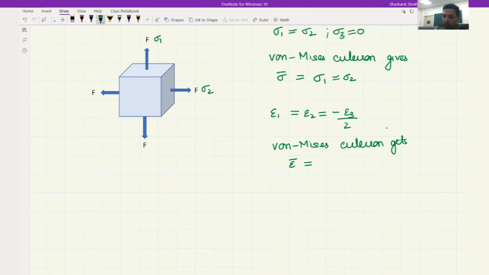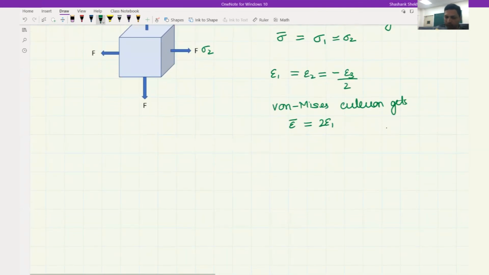And therefore, if we look at the third one, which has to be equivalent to the uniaxial condition, then it will come out to 2 epsilon 1. And it will be advisable if you actually go through the steps, use the von Mises relation to get this value, and it will give you hands-on experience on calculating these values. So you would get that epsilon bar is equal to 2 epsilon 1.